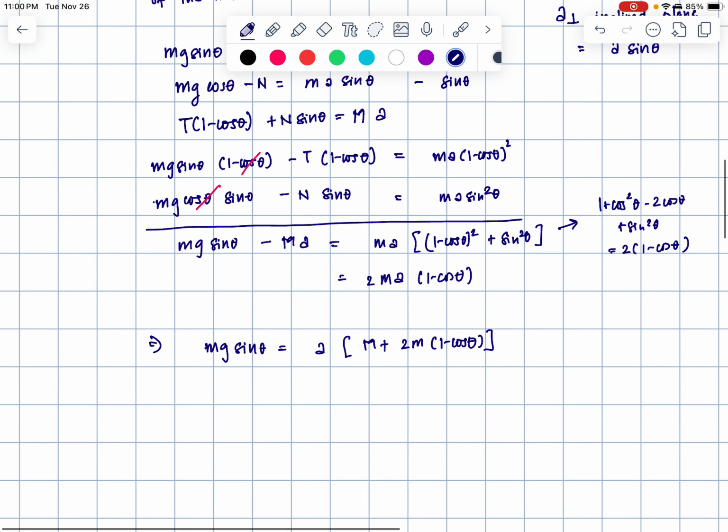Therefore a equals mg sine theta divided by [capital M plus 2 times little m times (1 minus cosine theta)]. That is the solution to this problem.